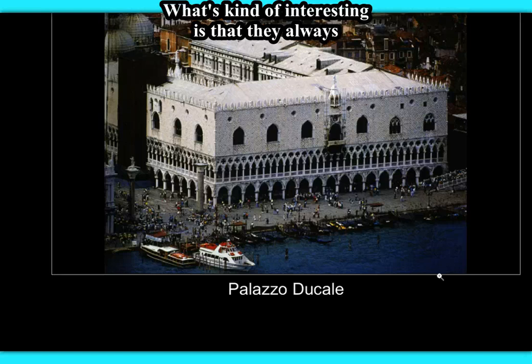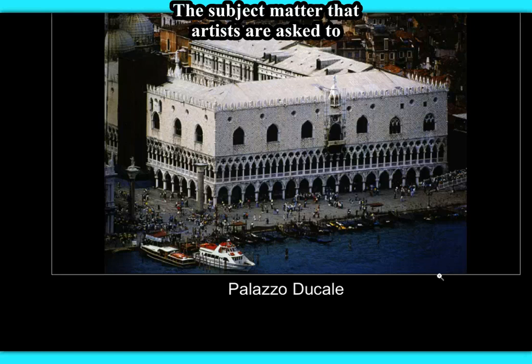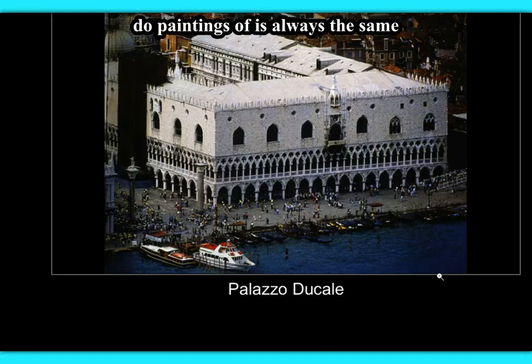What's kind of interesting is that they always stick to the same subject matter, like fire after fire. The subject matter that artists are asked to do paintings of is always the same, but the style changes and is updated.